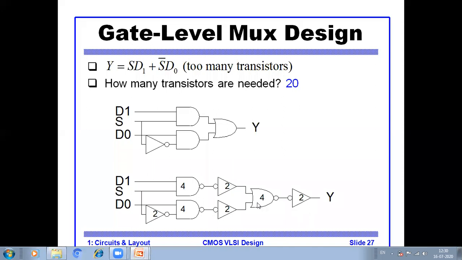If the NOR is there, 4, and for the NOT 2. So 4, 8, 10, 12, 14, 18, and 2 is 20. So if you implement the same logic design with pass transistors, how many transistors are required? 20 transistors, right?